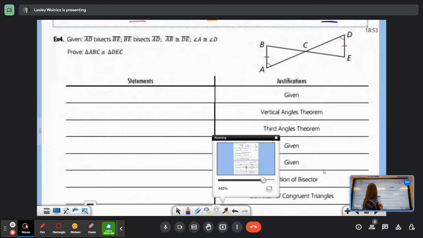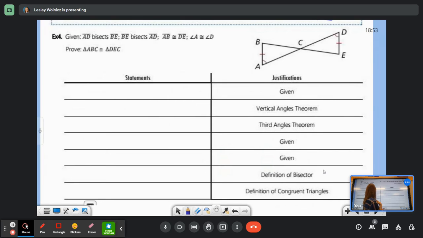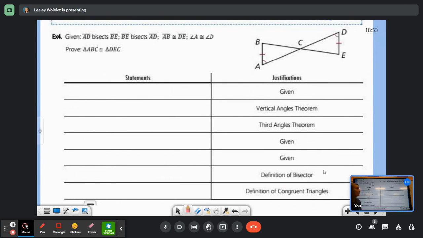All right, let's do a proof because those were so much fun. So we're given a whole bunch of stuff. We know that segment AD bisects segment BE. We know that BE bisects AD right back. Let's label that. AD bisects BE.